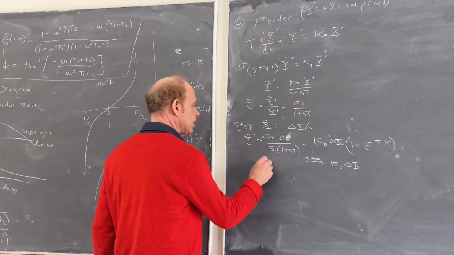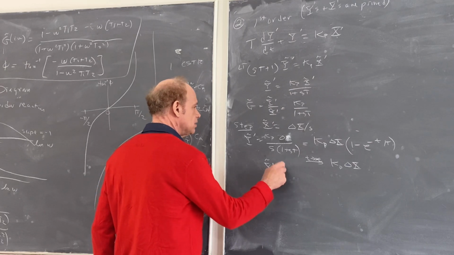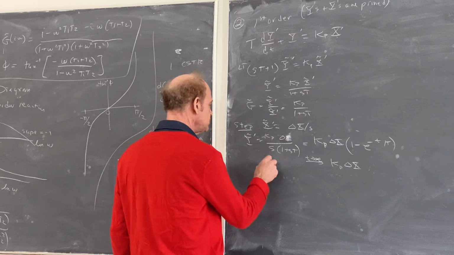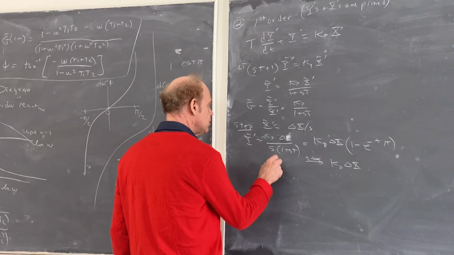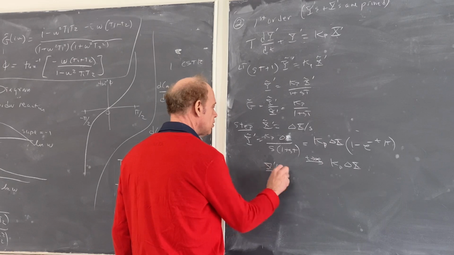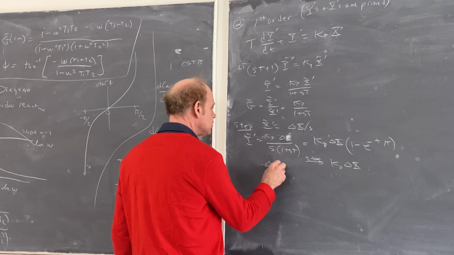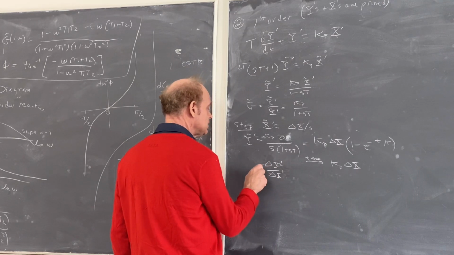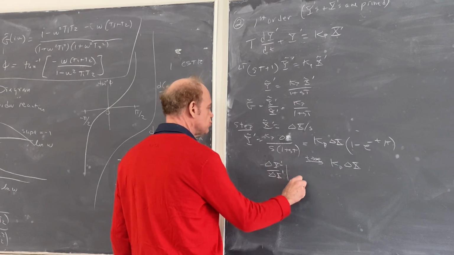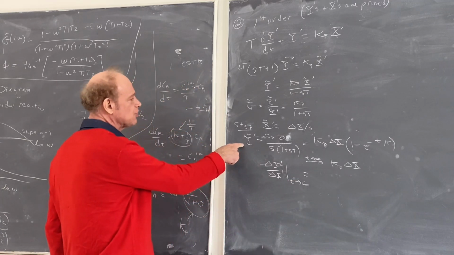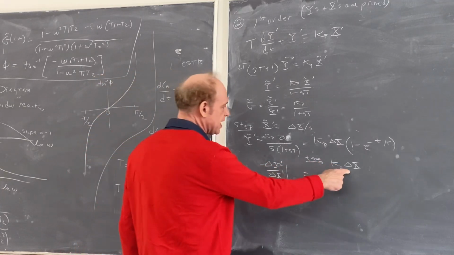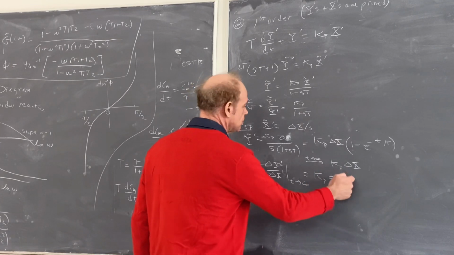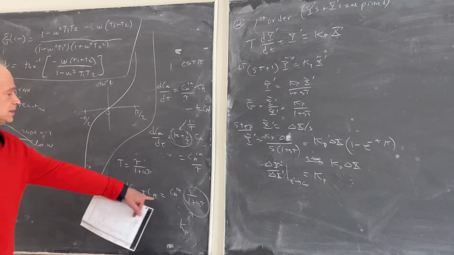So we can notice that y prime of t over delta x, as t goes to infinity, delta y over delta x is just Kp, which in this case is 1 over 1 plus kτ.